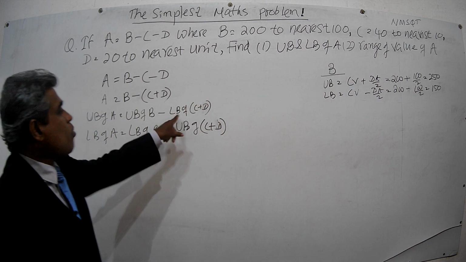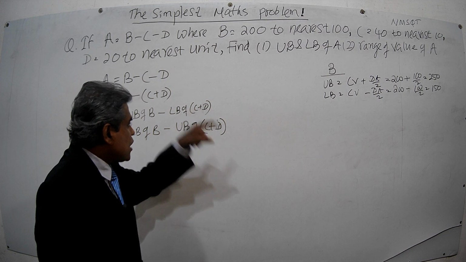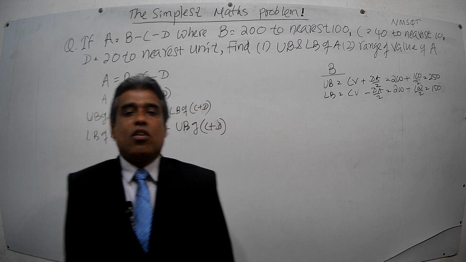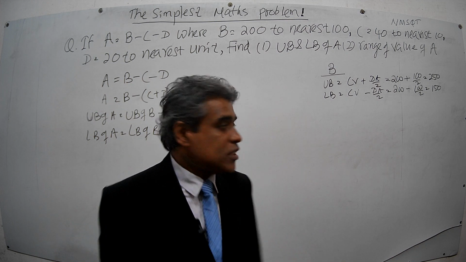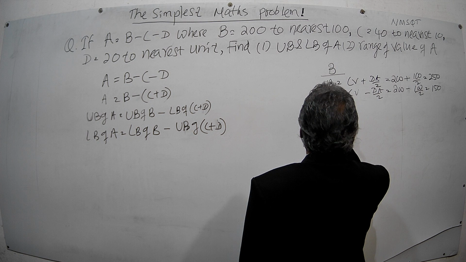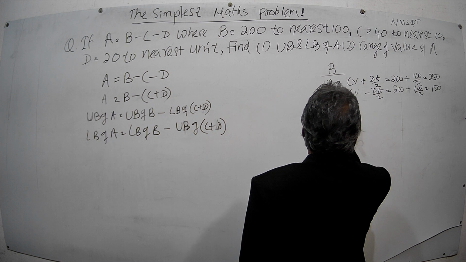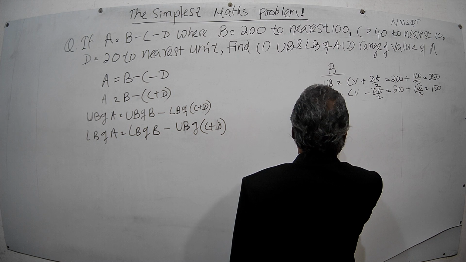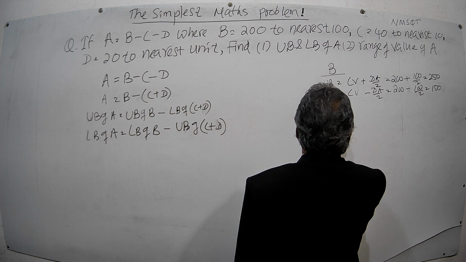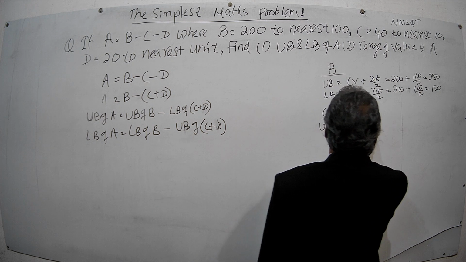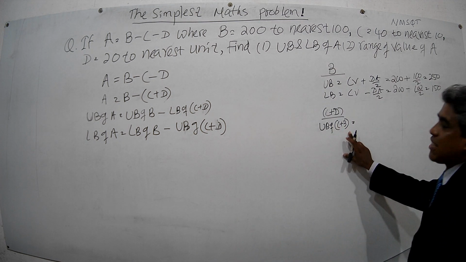Now we go to find the lower bound and upper bound of the combination of C and D, that is the sum of C and D. We know the upper bound of a sum is the sum of the upper bounds.